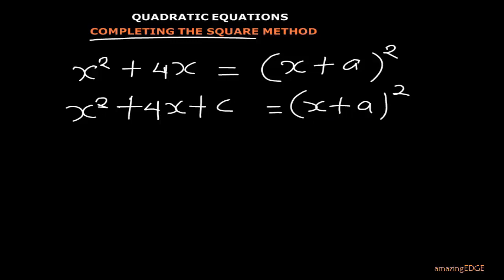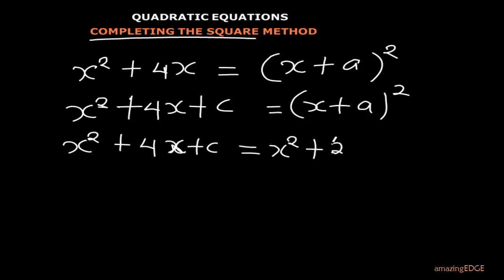What is x plus a all squared? If you expand it, so let's continue. So let's say here x squared plus 4x plus c. Then if you expand here, x plus a all squared will give us x squared plus 2ax plus a squared. You agree with me? When you do that expansion, this is exactly what you are going to get.